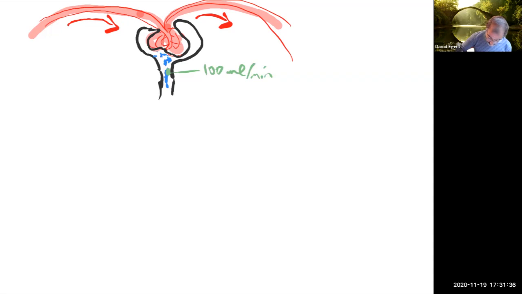In terms of osmolarity, both water and solutes are leaving in relatively equal proportion. So what's the osmolarity going to be as we go here?